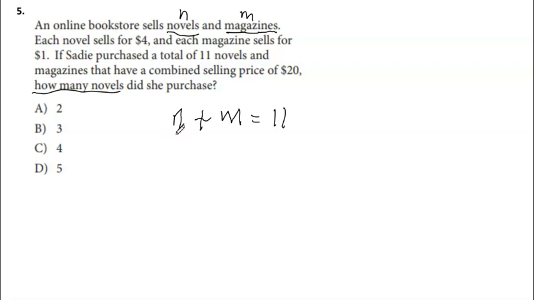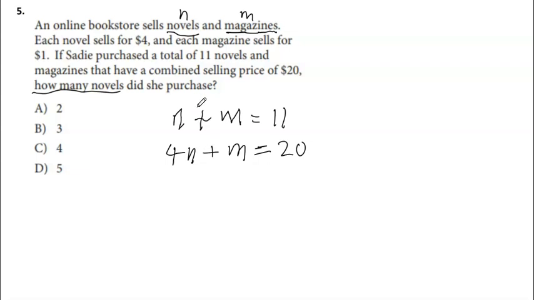So with the n, she's going to pay 4 times n, right? Plus with the m number of magazines, if each one costs $1, she's going to pay a total of m dollars for that. And the total of the purchase, both novels and magazines together, is giving us what? $20. So with this, you have your system of equations.